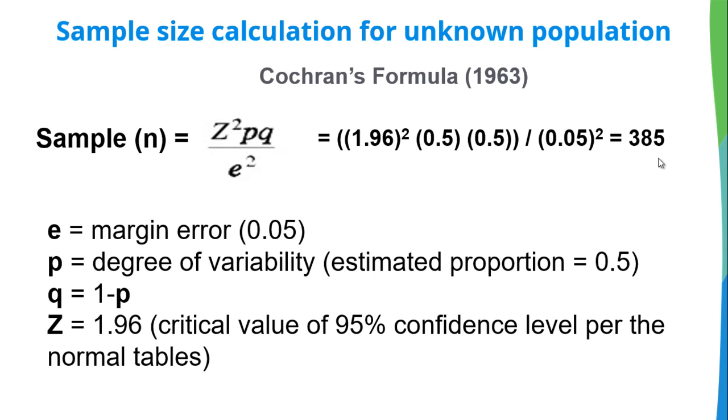So a random sample of 385 farmers in our target population should be enough to give us the confidence level we need. But I will suggest that you don't just take a sample of 385. By experience, you take a sample of 400, because of outliers and the rest of them.